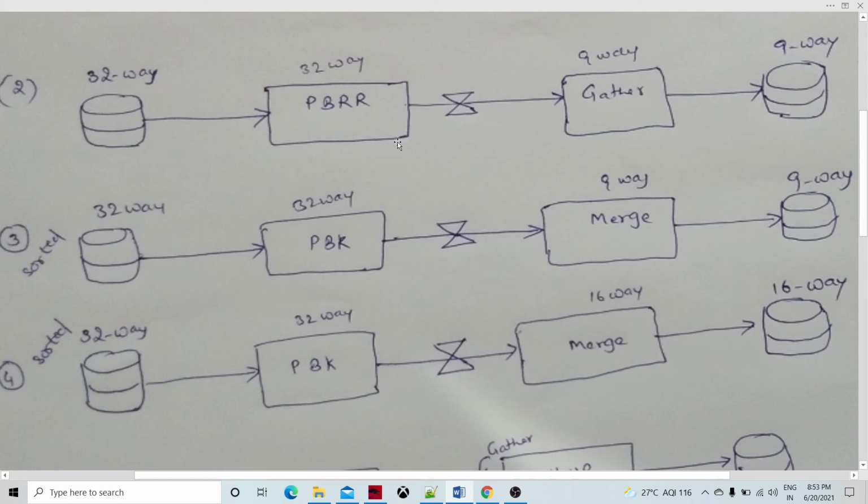If it is not key based processing and you don't have to take care of ordering, use partition by round robin, all to all flow, and gather component. Take care of the layout of these 2 components, and your job is done.